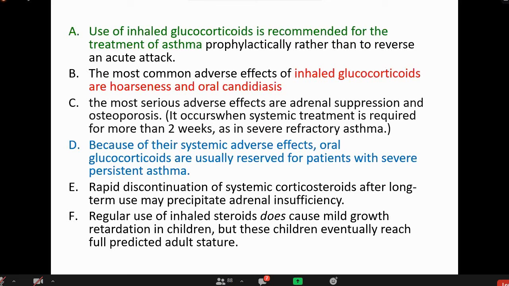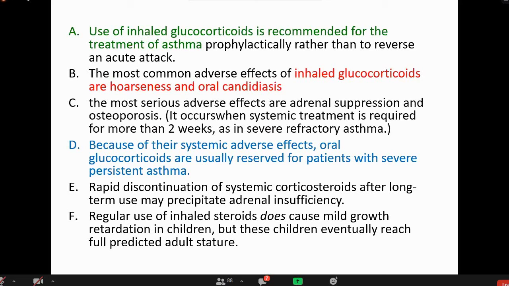The most serious adverse effects are adrenal suppression and osteoporosis. It occurs when systemic treatment is required for more than 2 weeks, as in severe refractory asthma. A very interesting point: adrenal suppression is a serious side effect, but not common.